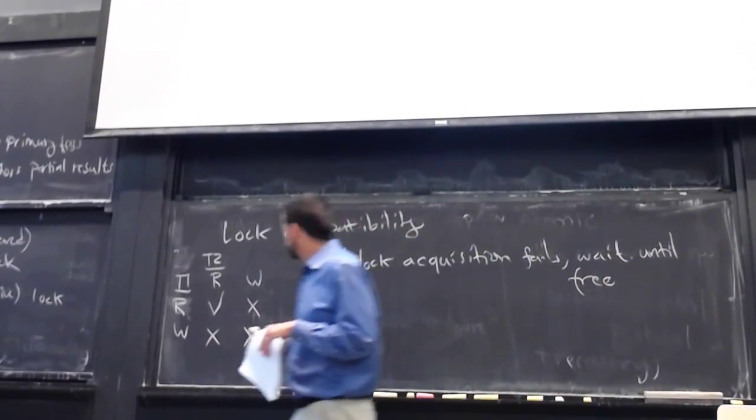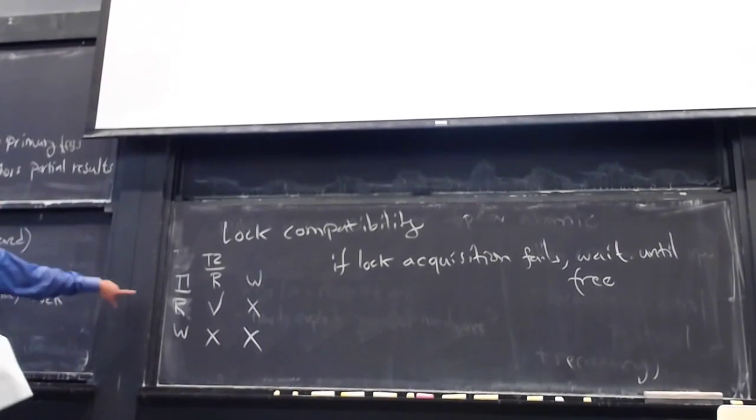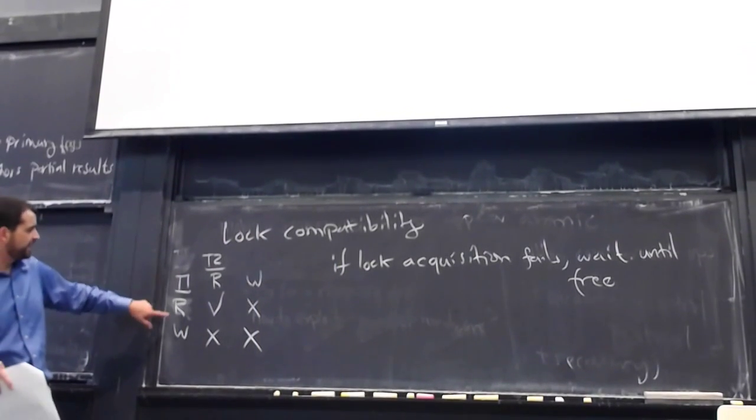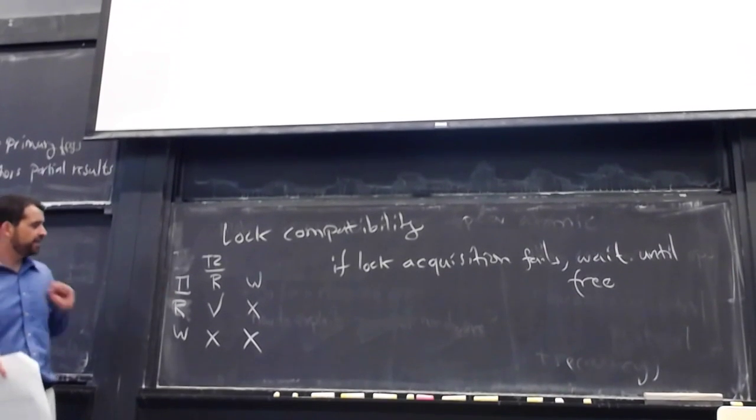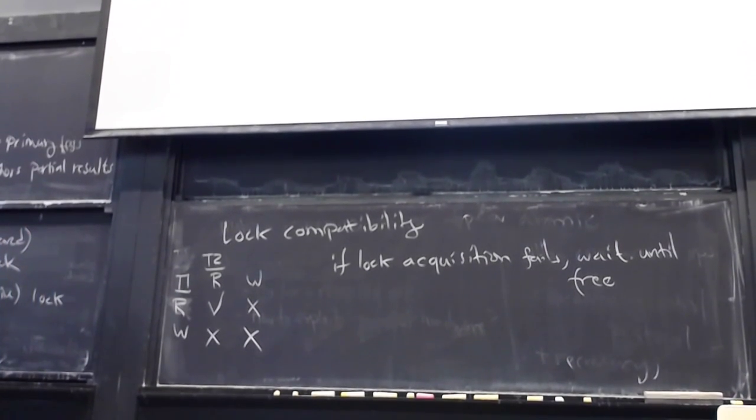Now, there's one last little thing that we need to define about this locking protocol. If T1 holds a read lock on something and then later wants to write it, so it read A and then wants to write A, and nobody else is concurrently reading A, then it's allowed to upgrade from a read lock to a write lock.